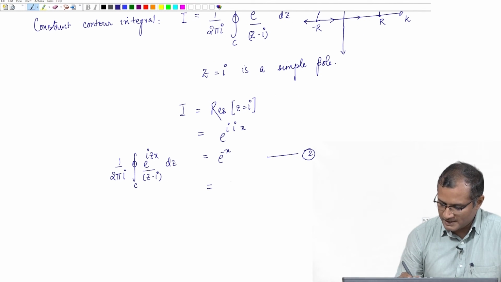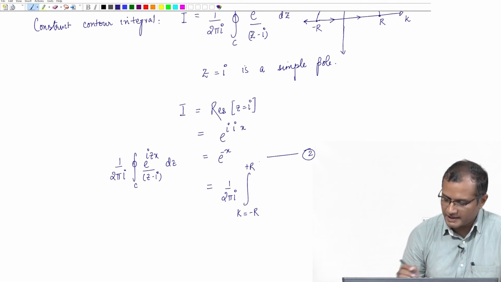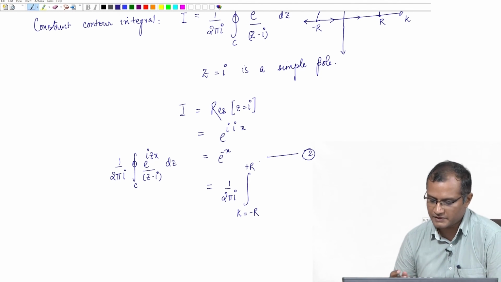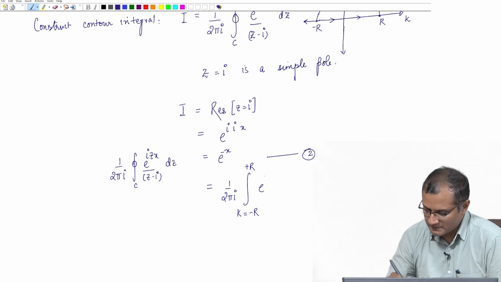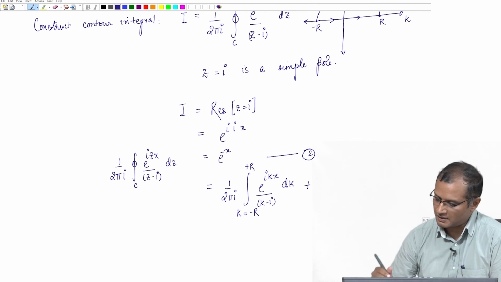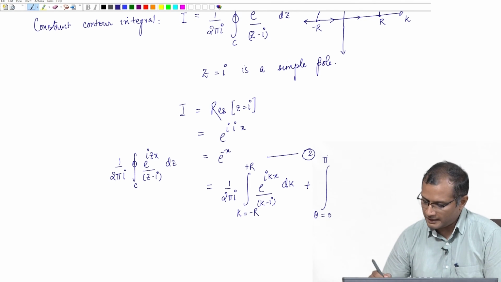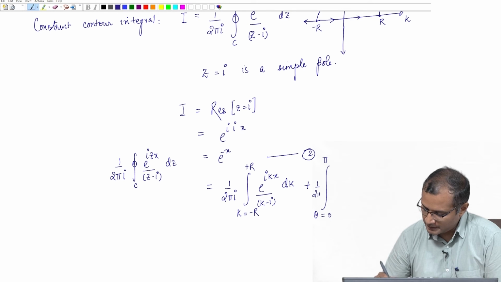So, this is basically 1 upon 2 pi i integral k going from minus R to plus R, because on the straight line horizontal axis the complex variable is simply k. So, it becomes e to the i k x dk over k minus i, plus I need to add the semicircular part, which is theta going from 0 to pi, and I have to take a 1 upon 2 pi i outside.